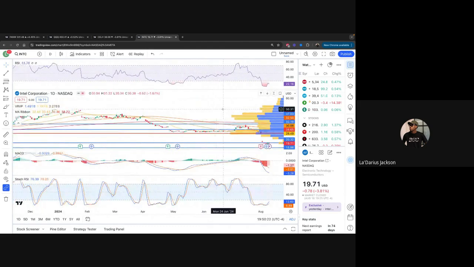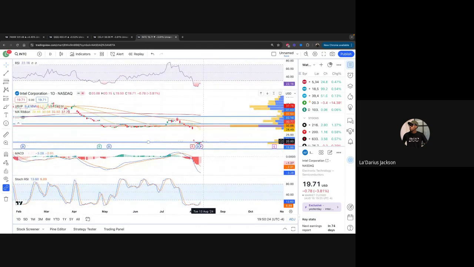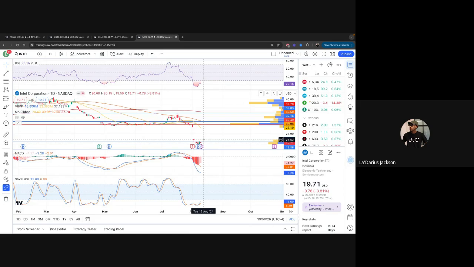So with Intel, I would wait until it finds a bottom. You could keep your eye on the 21.75 to 22 price range for it to go back up and potentially fill this gap that would take you back up to about 28 to 30. But you're asking for a lot. Again, they're dropping 15,000 employees.